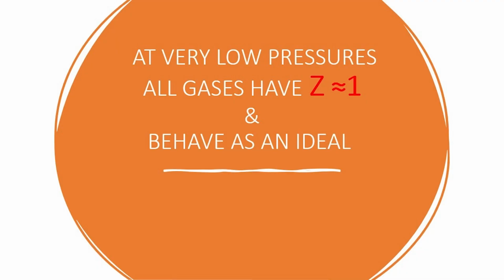Can you identify the condition at which all the gases behave ideally from the graph? Yes, you can see that at very low pressure, all the gases have a value of Z equal to 1 and behave as ideal gas. So, a gas behaves ideally when the value of Z becomes equal to 1 and it takes place at very low pressure.